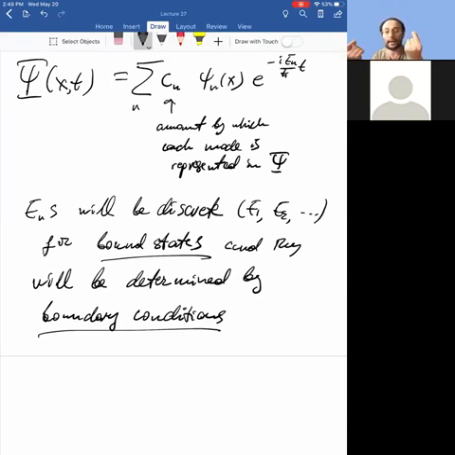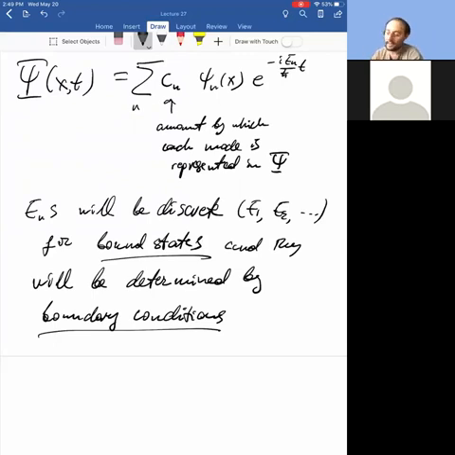Just like with the string, the fact that the string had to be pinned at both ends forced the frequencies to take on only discrete values, because then the wave numbers would only take on discrete values, and that's needed in order to fit exactly an integer number of half wavelengths. Same idea will apply here.